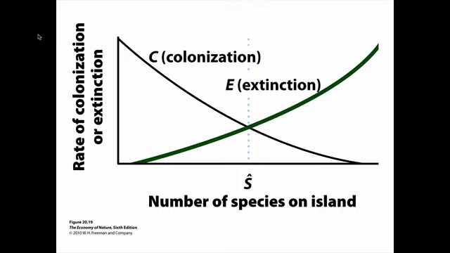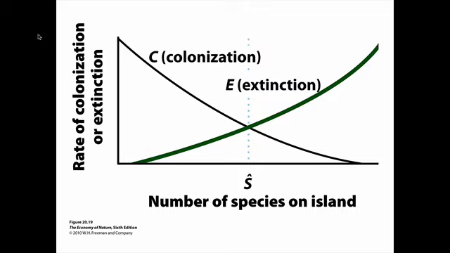If you have 10 species on the island, then only 40 of them could be new arrivals. Getting an arrival from a species that's already on the island does not change the number of species on the island. And when you wind up with 50 species on the island over here, every species that could possibly arrive from the mainland is already on the island, so no new species arrive.